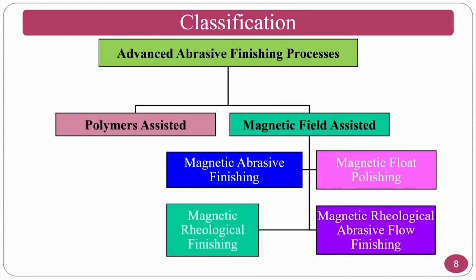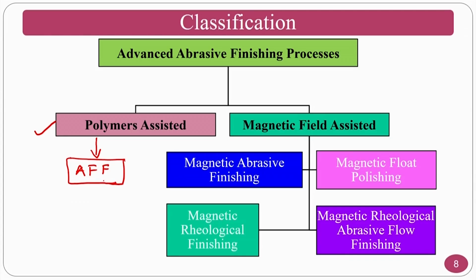Okay. In the classification of polymer assisted finishing processes and magnetic field assisted finishing processes, we have studied abrasive flow finishing, which is a main part of polymer assisted finishing processes.